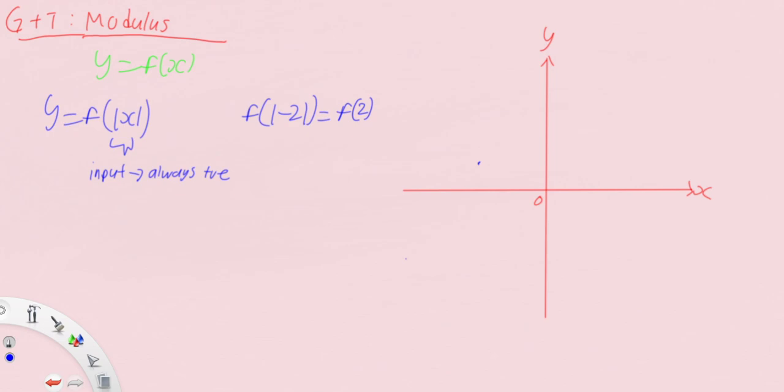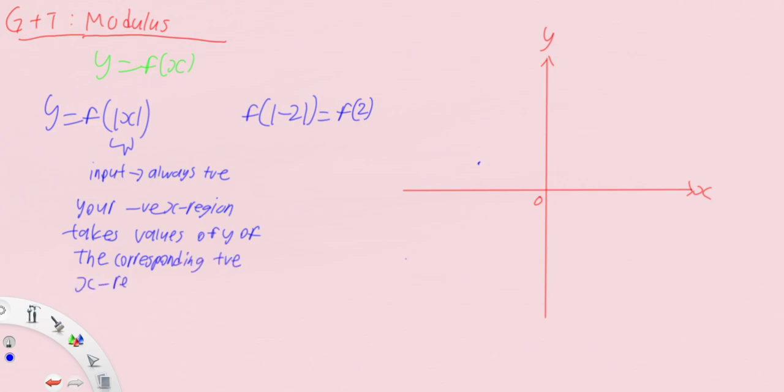Alright, so that is the whole idea of |x|, where your negative x region takes the values of y of the corresponding x region, or positive x region.